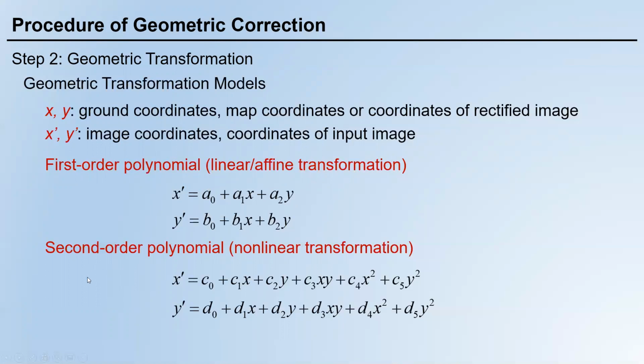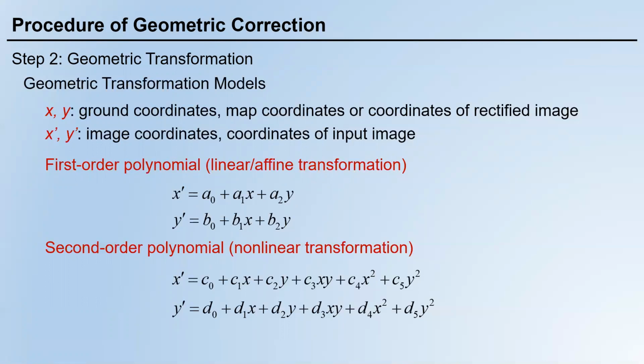We can also use second order polynomial or nonlinear transformation, where you can say there are squares. We can even use third order or even higher order polynomial or equation sets to do the same thing.